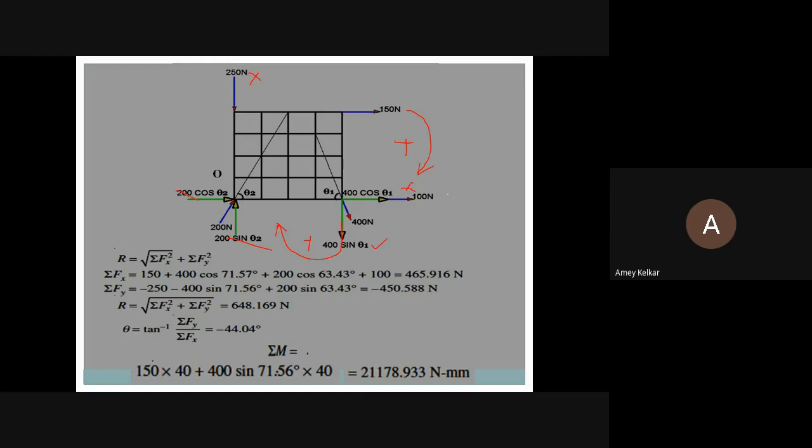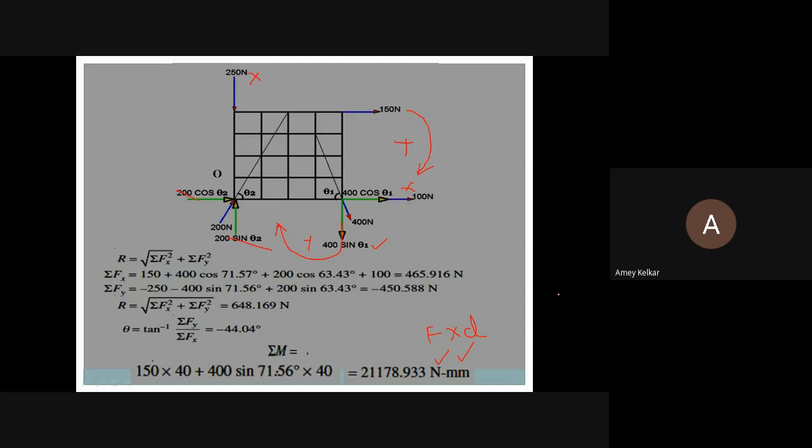See here, the unit was mm, 40 mm was given and the force was in Newton, so I've written the unit as Newton mm. It is force into distance, not divided by, multiplied by. So this is how we solve these examples.